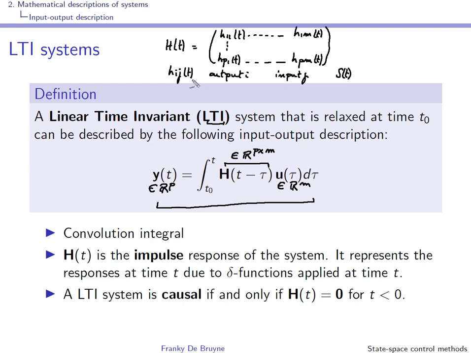Okay, so that's the meaning of hij of t. And remember that if the system is LTI and causal, then the impulse response is causal. So h of t will be the zero matrix for t negative.